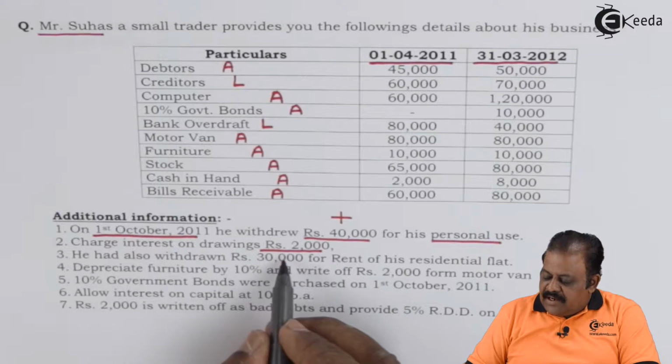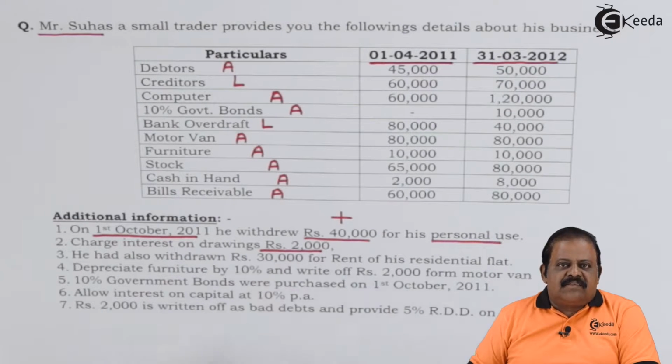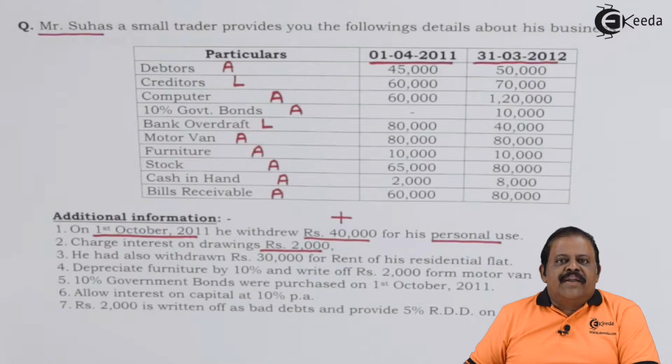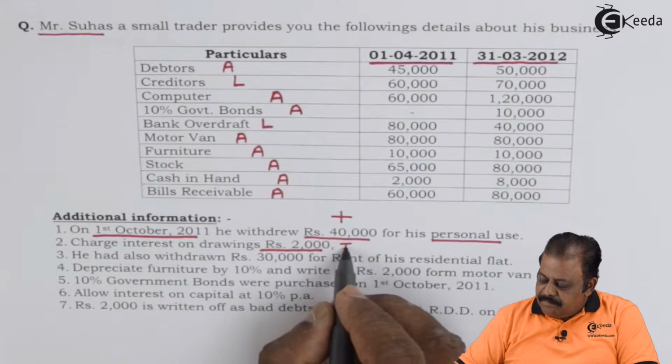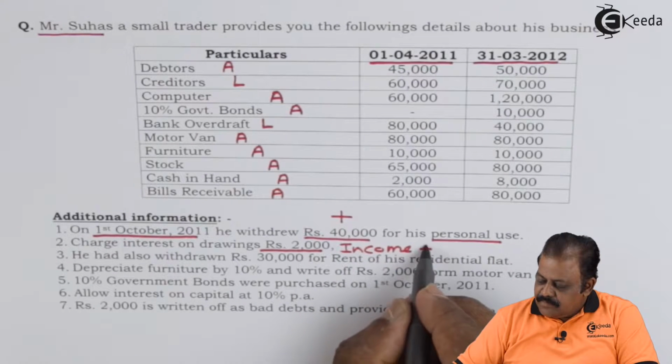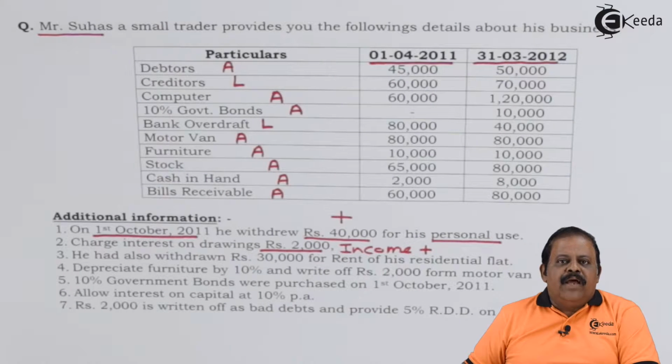This amount of interest charged on drawings will be income for the business. Here we have direct amount 2,000. We are not required to calculate interest on drawings. This will be income, so it will be added while preparing statement of profit and loss.